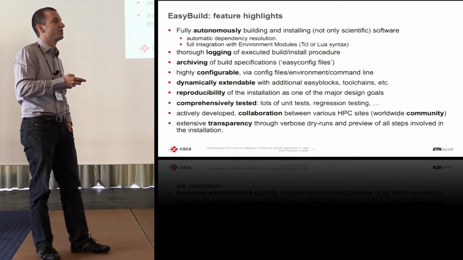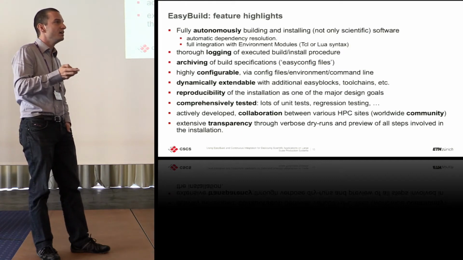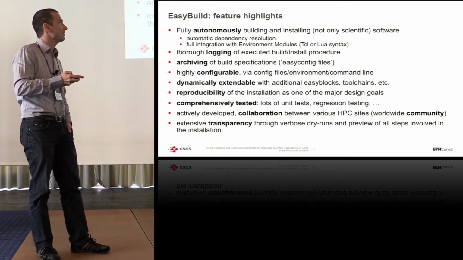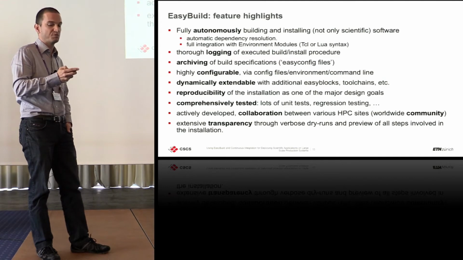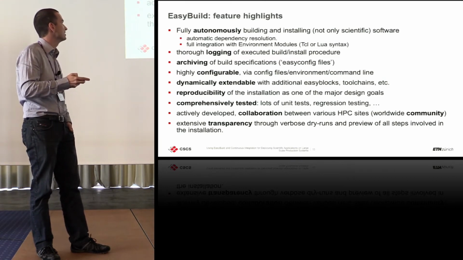At CSCS, we update at every release. We use the stable version from the website, and so far, in 1.5 years, we have had only a couple of regressions, so it's pretty stable in that sense, and we can stay on the stable branch.